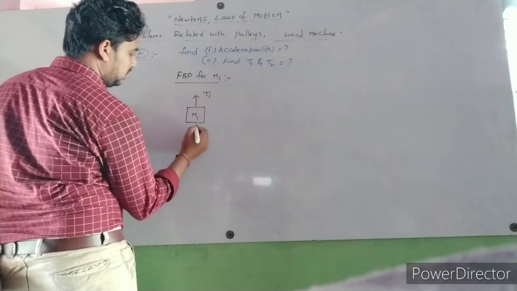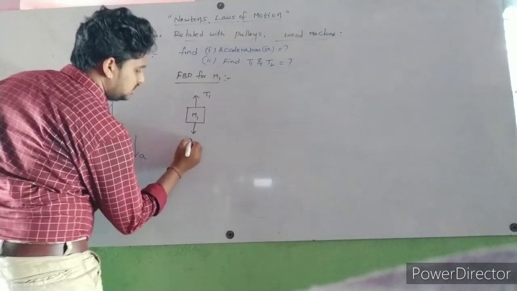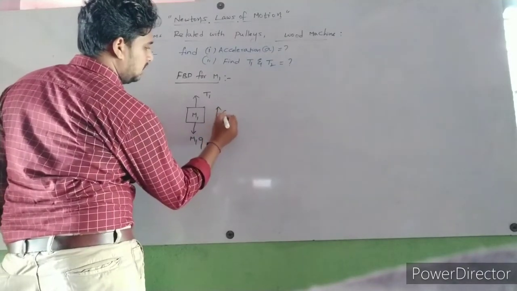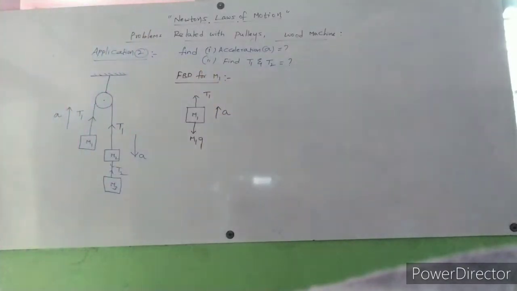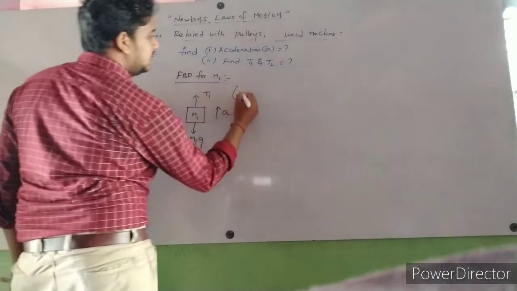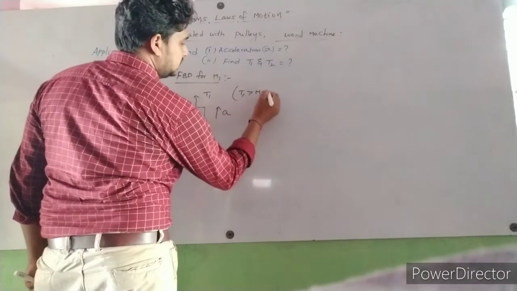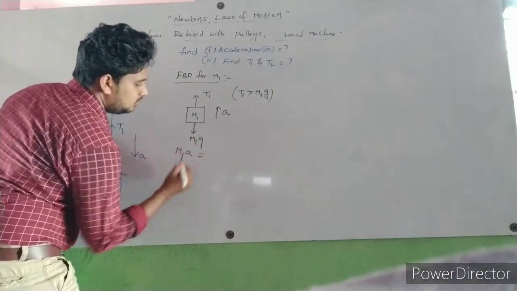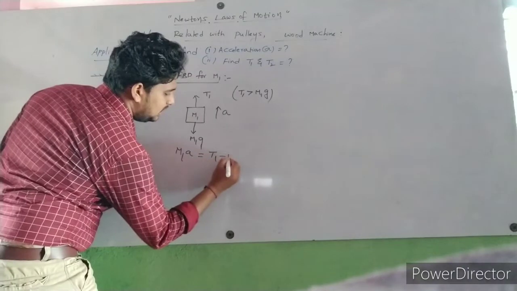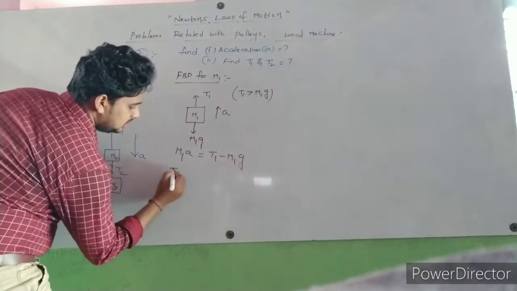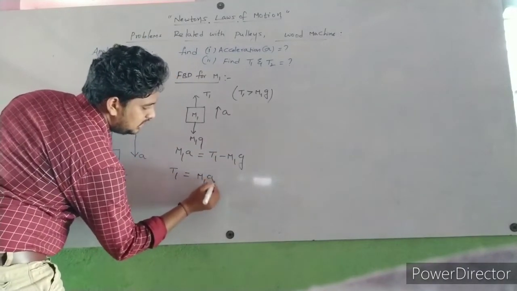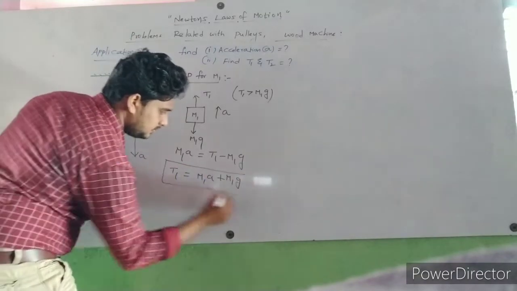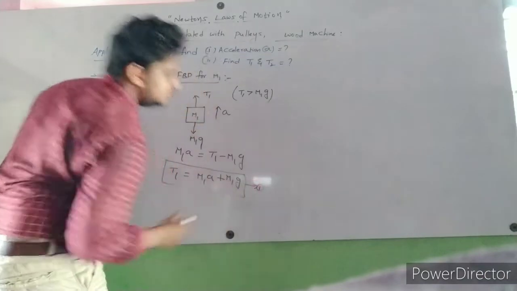Tension T1 is acting in the upward direction, and weight M1G is acting downward. Here the acceleration is upward, so definitely T1 is greater than M1G. So M1 into A is equal to T1 minus M1 into G. For this, T1 is equal to M1A plus M1G. So this is equation 1.